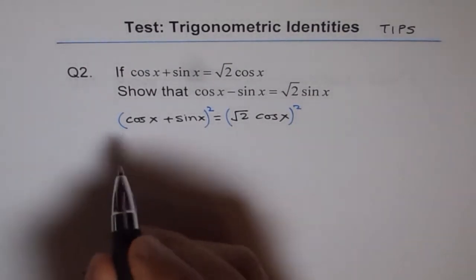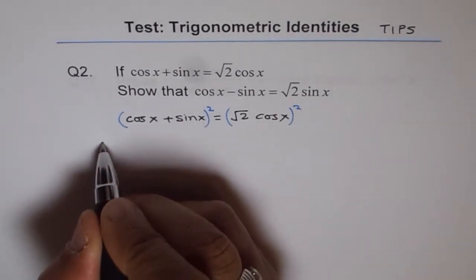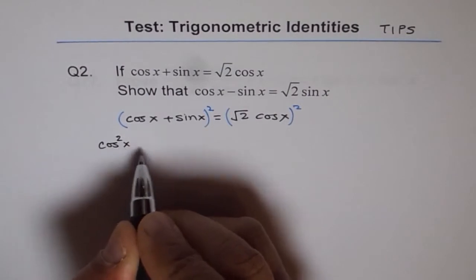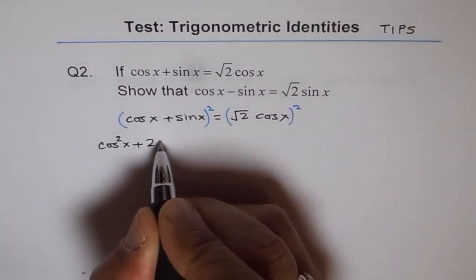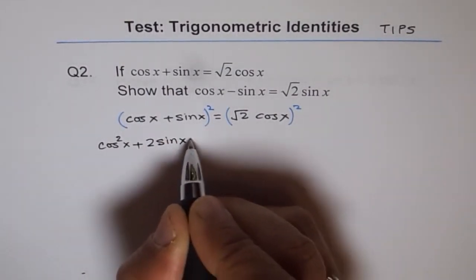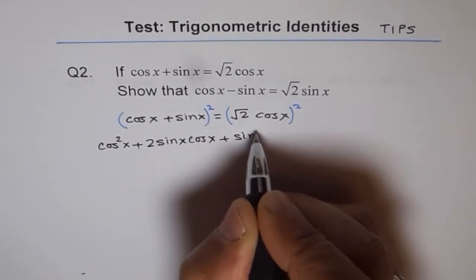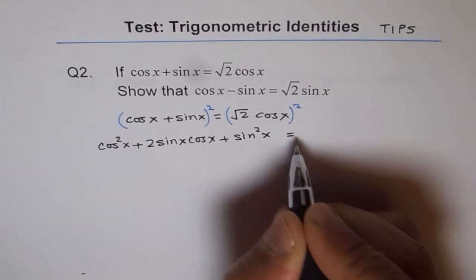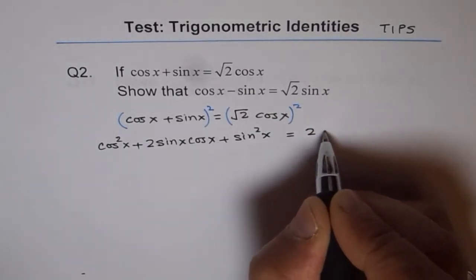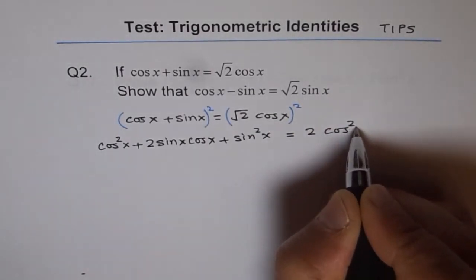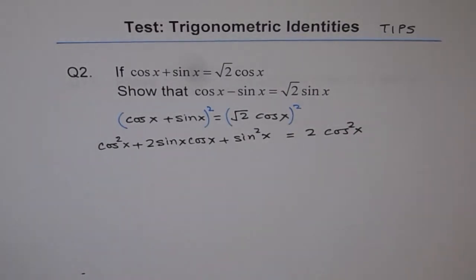So when we square it, we get cos square x plus 2 sin x cos x plus sin square x equals 2 cos square x. That's what we get.